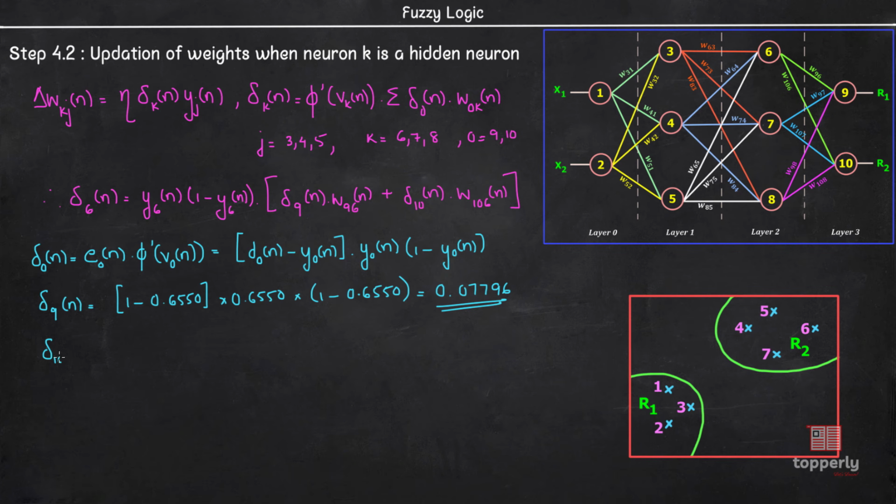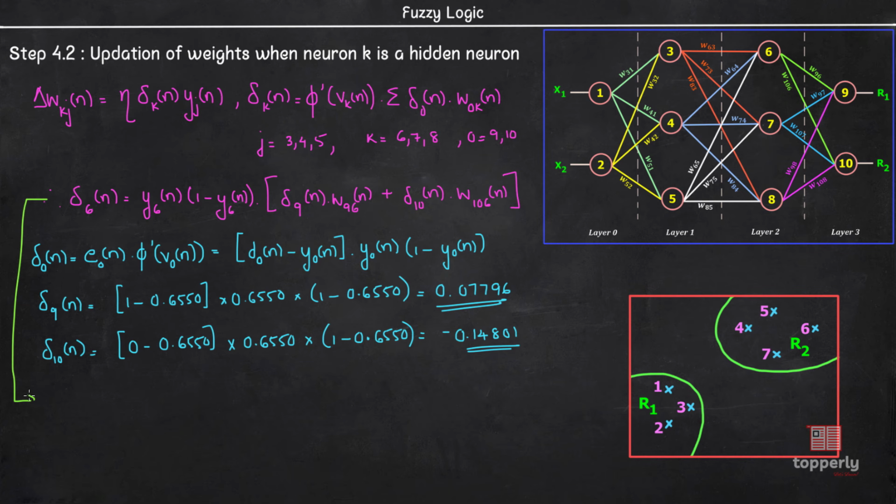Similarly, dou 10 of n is equal to 0 minus 0.6550 into 0.6550 into 1 minus 0.6550, which is equal to minus 0.14801.